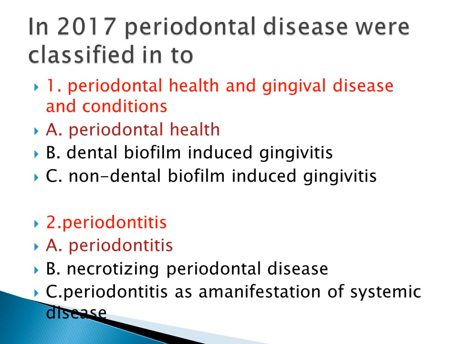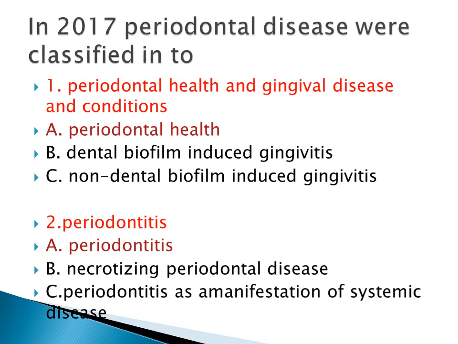The most important difference was the introduction of periodontal health in addition to gingival diseases and conditions, which was not previously introduced. So studying periodontal health is important so that we can differentiate between health and disease.